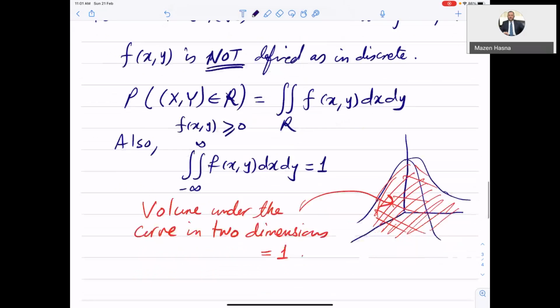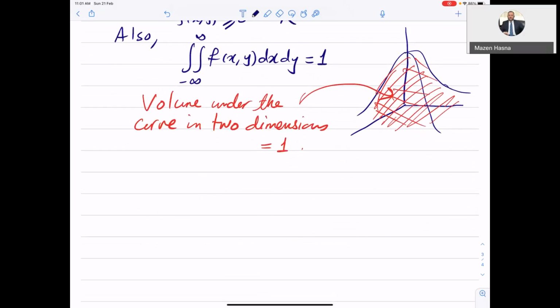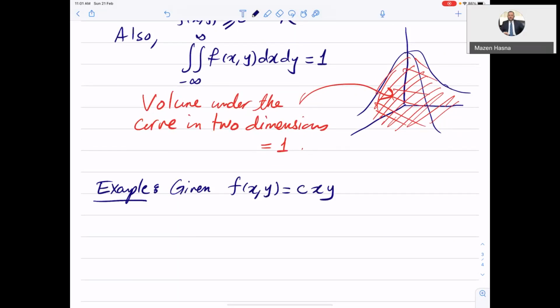We can have a quick example in the continuous. Given f of x and y equals cxy, where x between 0 and 3 and y between 0 and 3.